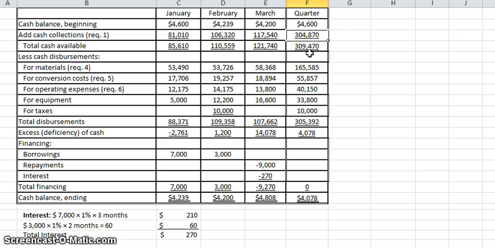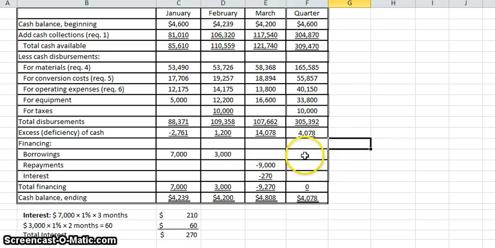Then we've got total cash available in the quarter of $309,470, and total disbursements of $305. So if you take the cash available minus the disbursements, overall we end up with $4,078.